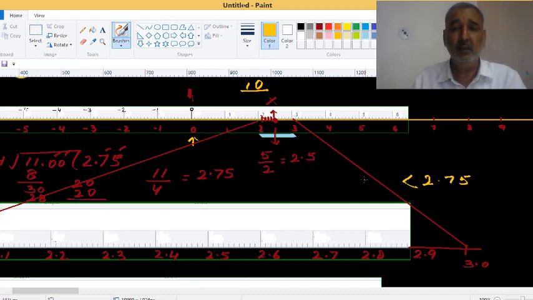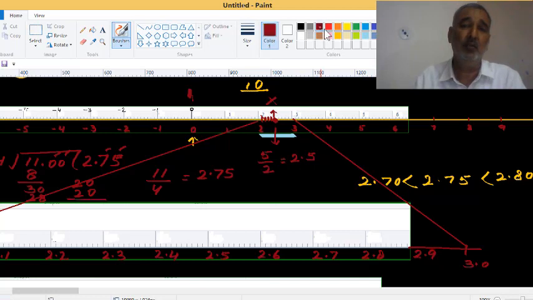Clearly, it is greater than 2.7 and less than 2.8, or say 2.70 and 2.80. So where is our 2.70? There. 2.80 here. I can write it as 2.70, 2.80, and so on.